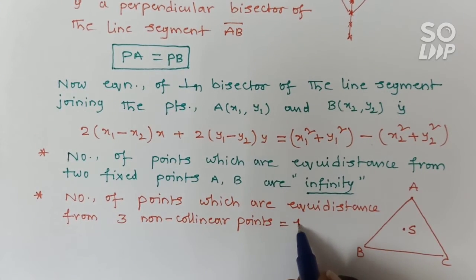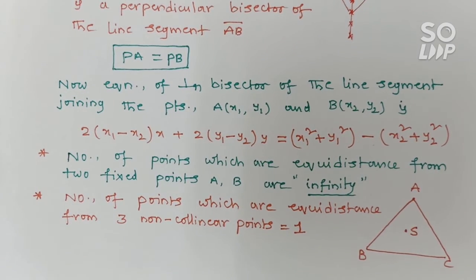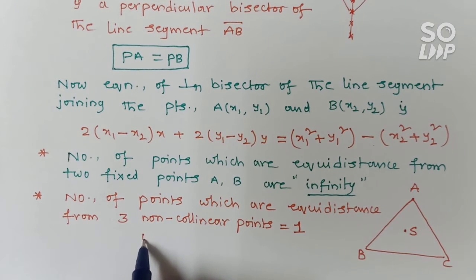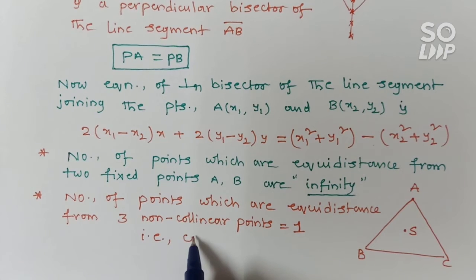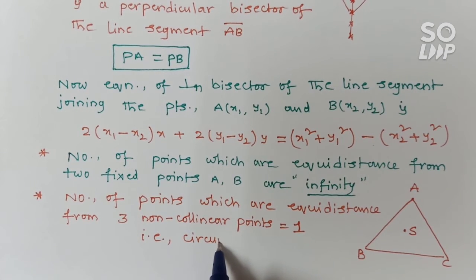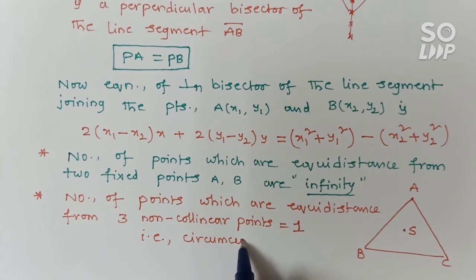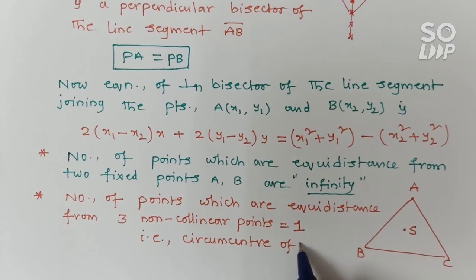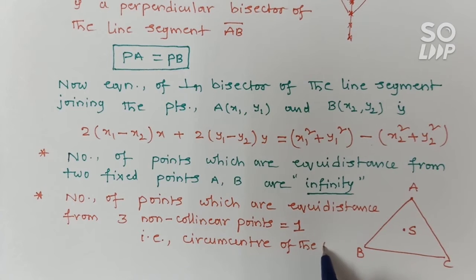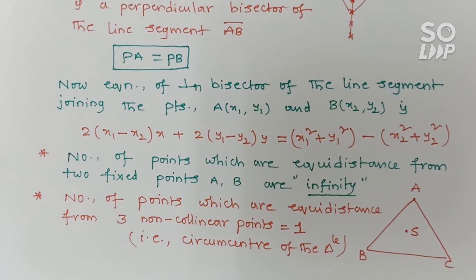What is that point? That is the circumcenter of the triangle. Right? So that point is the circumcenter of the triangle. Now this is another concept.